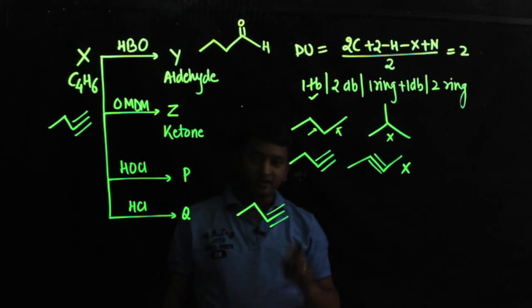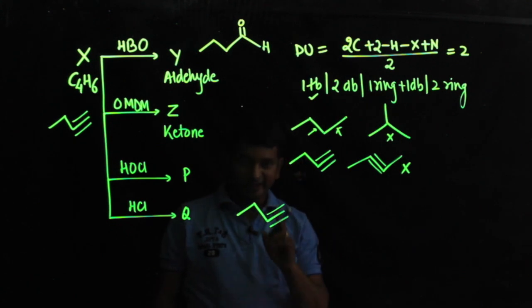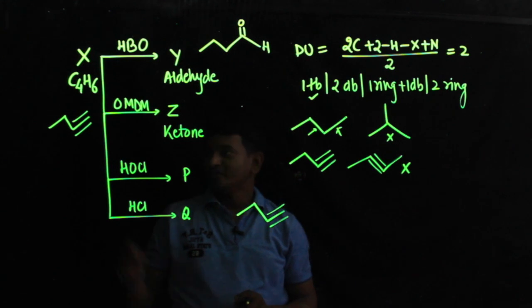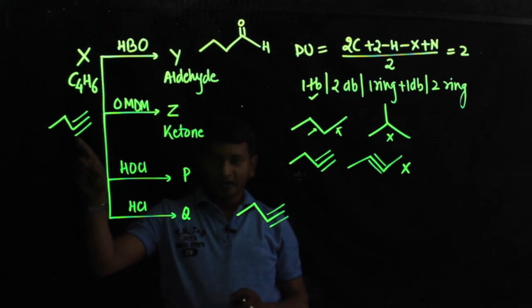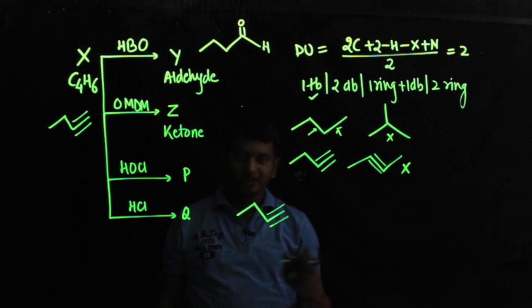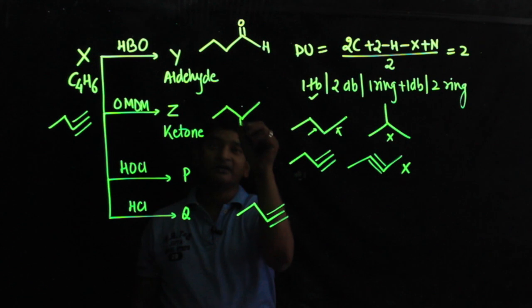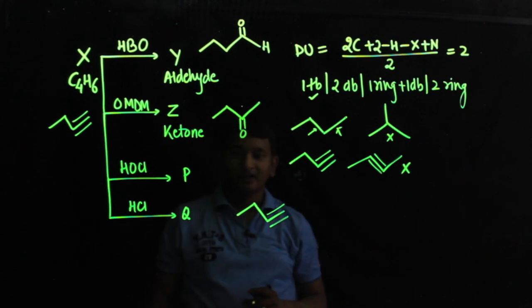Oxymercuration demercuration is also an addition of water following the Markovnikov rule without rearrangement. So H, OH, H, OH, if the same carbon has two OH groups, leave a molecule of water, so the ketone will be like this.